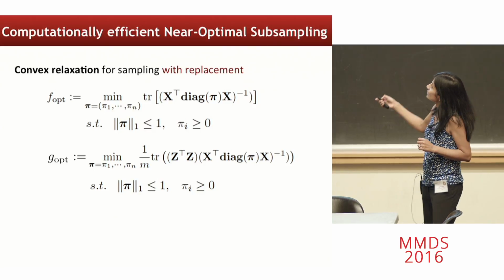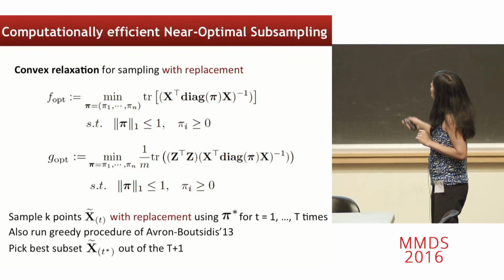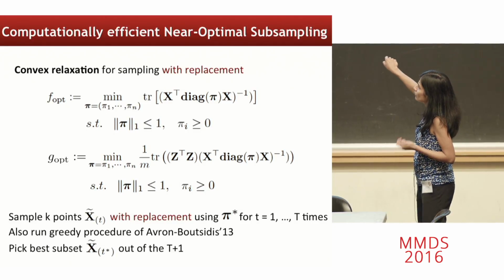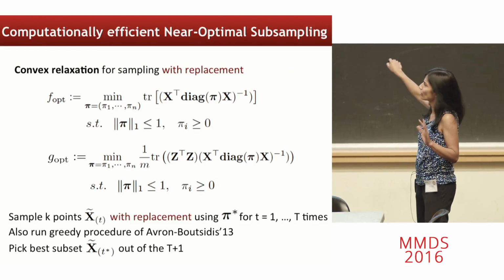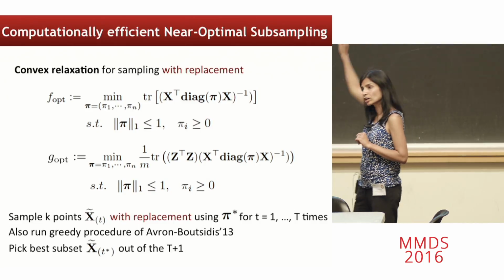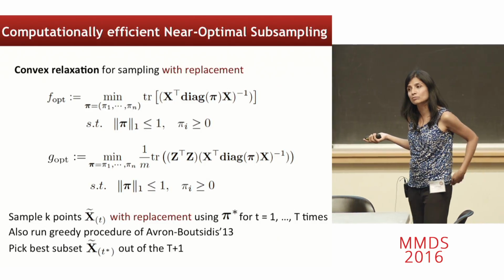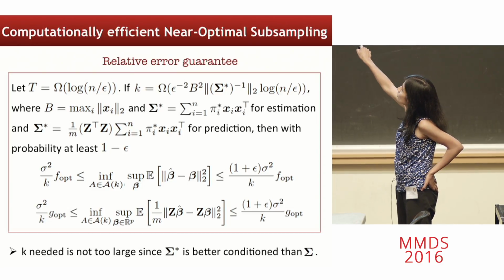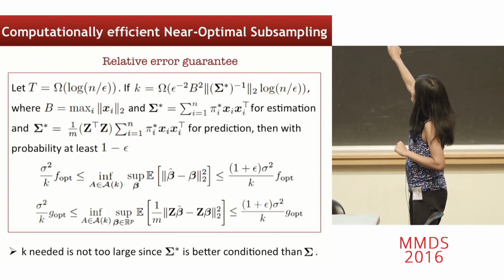Then this simple convex relaxation is followed by a little bit of adjustment. You have to do this a few times and have a backup procedure, the greedy procedure, to fall back on. But these are all details. Essentially, you do this convex relaxation, and we can show some nice properties for it. In particular, how many times you do it just needs to scale like log n.